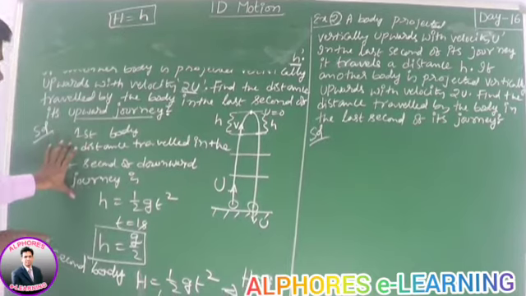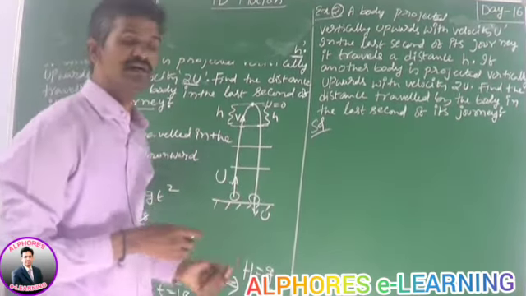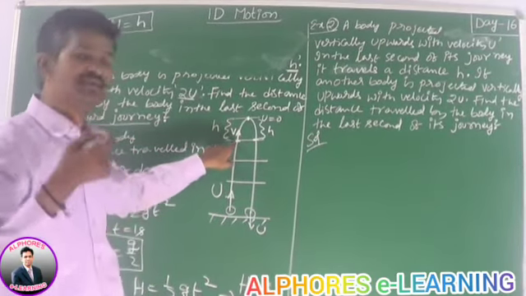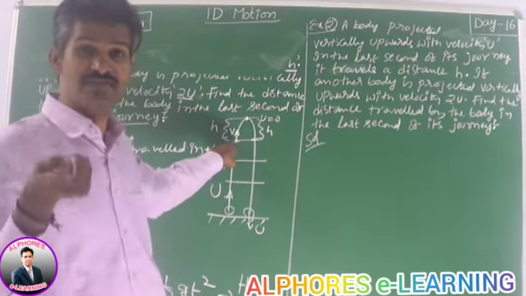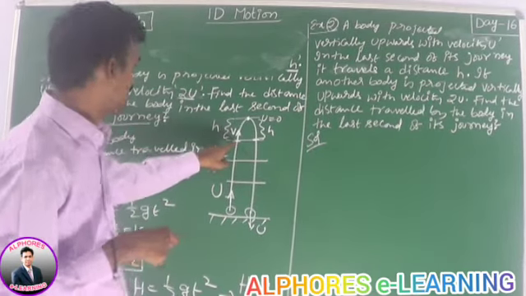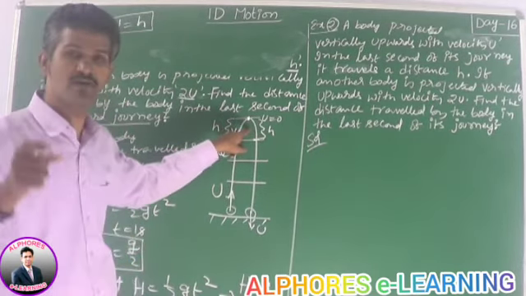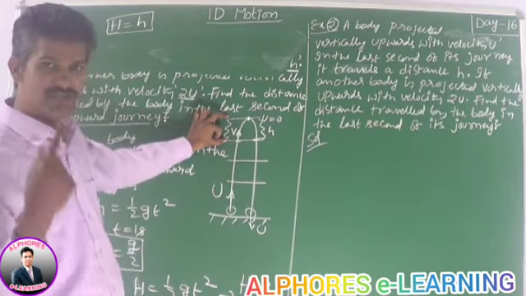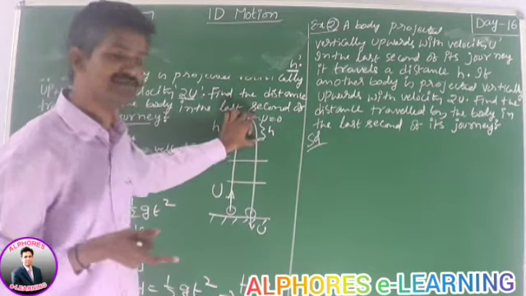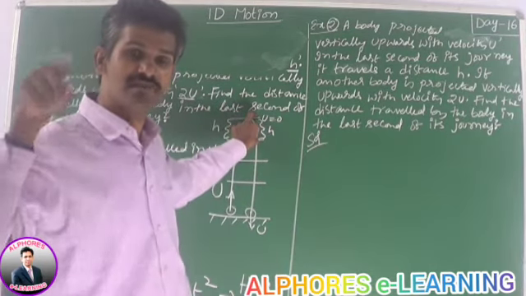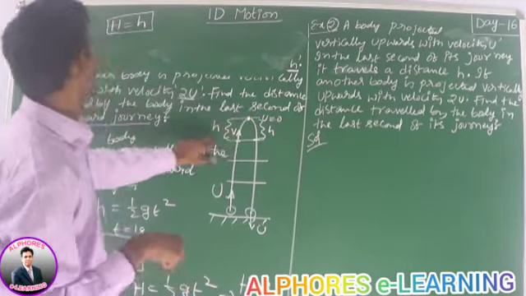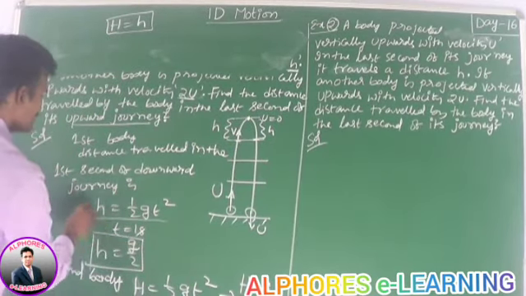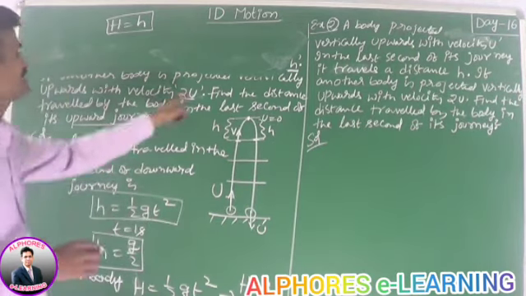Once again I am repeating, this body is vertically projected upwards with some initial velocity u. I don't know the velocity at the beginning of the last 1 second of the upward journey. Instead of that, I am considering the first 1 second of the downward journey. Why? Because the distance in the last 1 second of the upward journey is equal to distance travelled by the freely falling body in the first second of its downward journey. That is why for the first body I calculated half g t square.